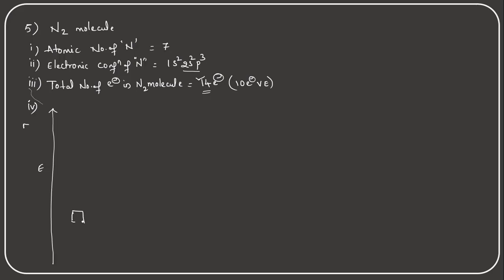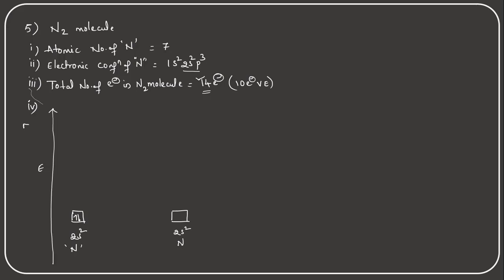So this is the 2s2 electronic configuration of one nitrogen atom, and this is the 2s2 electronic configuration of another nitrogen atom, right?